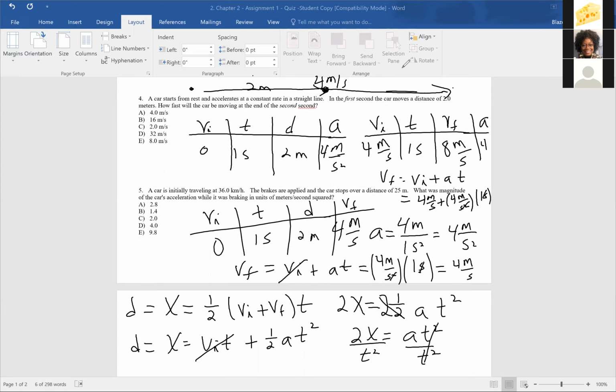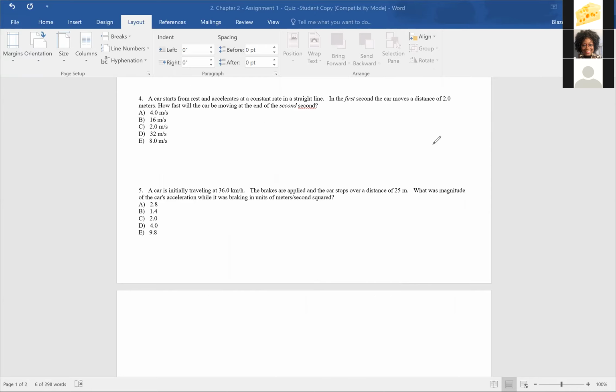Okay, so let's just see what we've covered here. What we said was this object is accelerating at 4 meters per second every second. That's what it means. So that means if it starts from rest, after it has been traveling for 1 second, it is moving at 4 meters per second.